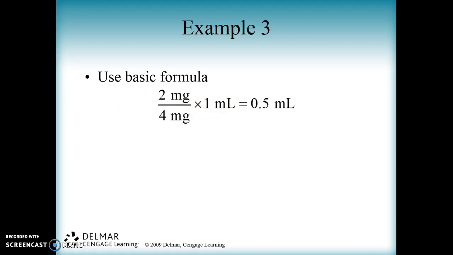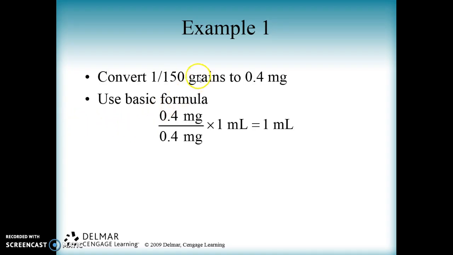I know I was probably a little confusing with the very first problem, so let's pop back to that one real quick. On problem number 1, the doctor ordered 1 out of 150 grains. The first thing you wanted to do before using the formula was convert grains to milligrams. Since there's 60 grains in every milligram, that's where this 0.4 comes from.